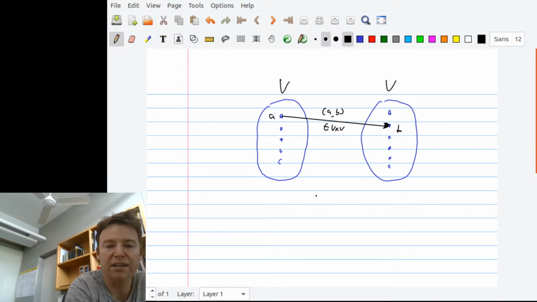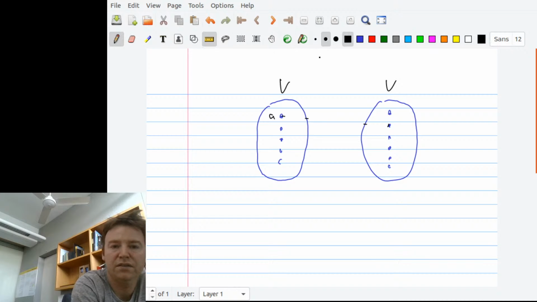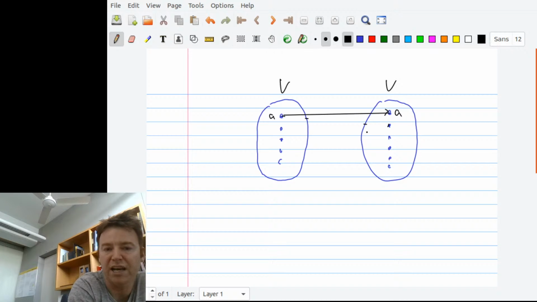Now reflexive means that everything is related to itself, which means if we're assuming the relation is reflexive, then that element A must map to itself over here. So A maps to A because it's reflexive, but A might also map elsewhere. We have L-1 possible choices.